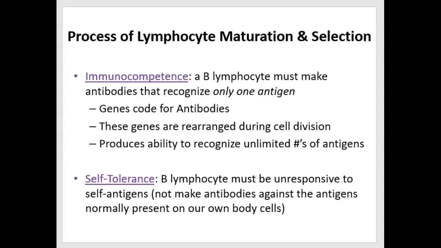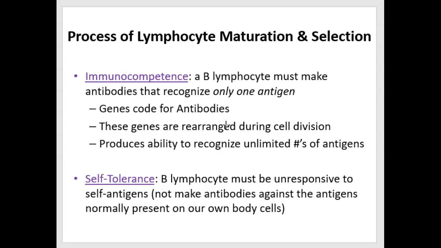So during the development of B lymphocytes, the only ones that survive and leave the bone marrow as fully mature B lymphocytes, naive lymphocytes, are those that become immunocompetent and self-tolerant.